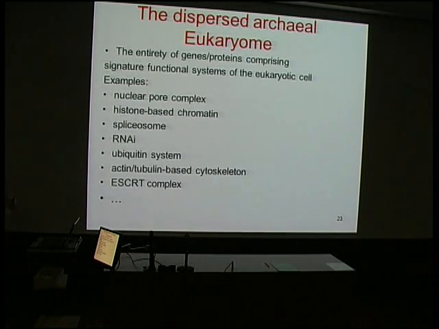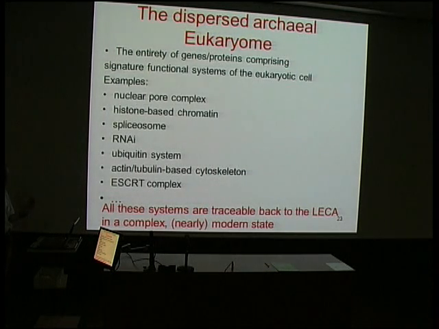And it's easy to list the cell structures that comprise the eukaryome: the nuclear pore complex, the histones, chromatin, the spliceosome, the RNA system, and so on and so forth.